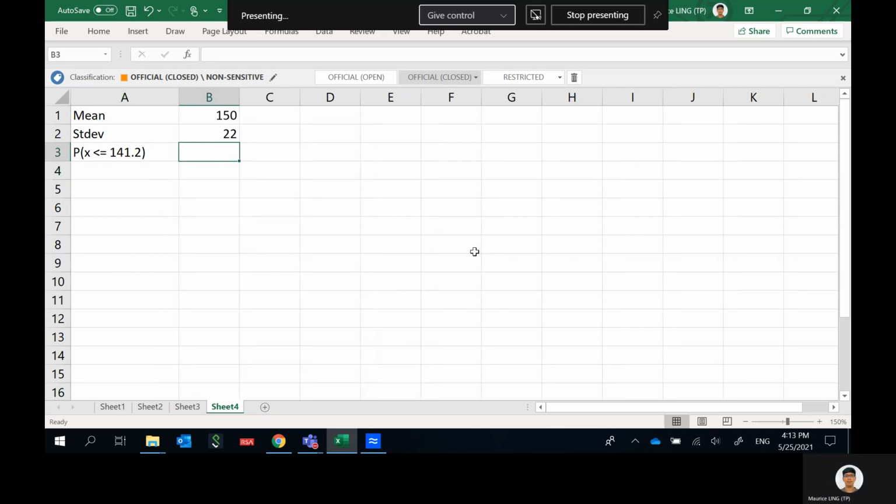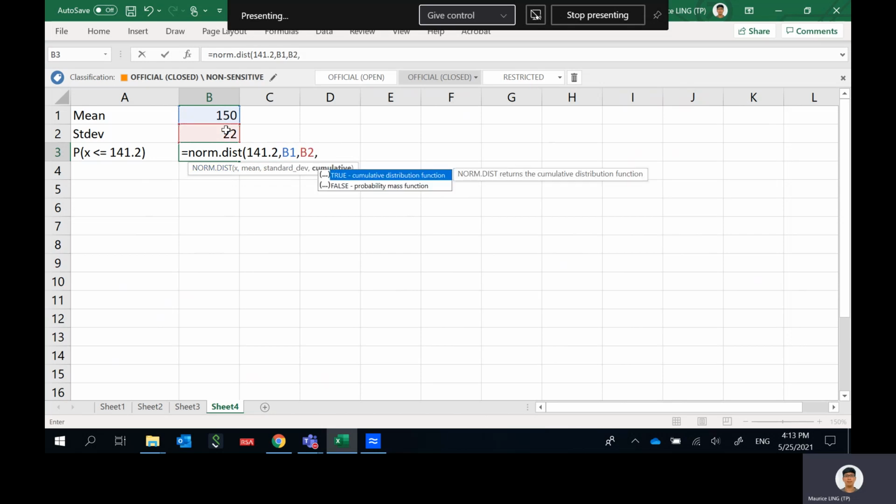Okay, so you use a normal distribution to help you find it. In the normal distribution, there is the x value, which is the number that you want, then the mean and standard deviation. So x is 141.2, the mean is 150, the standard deviation is 22.